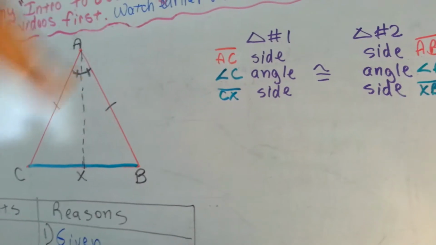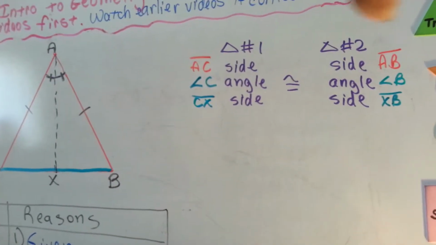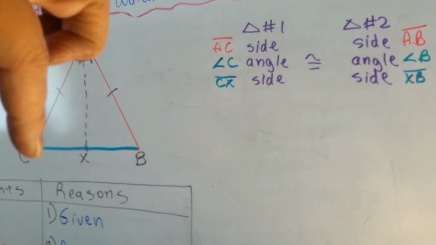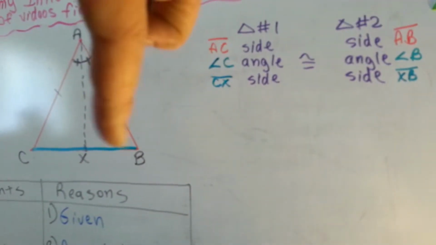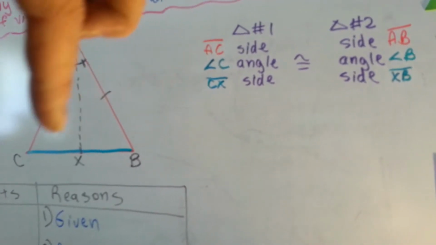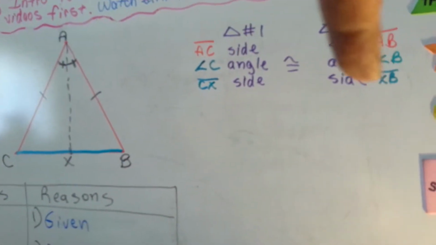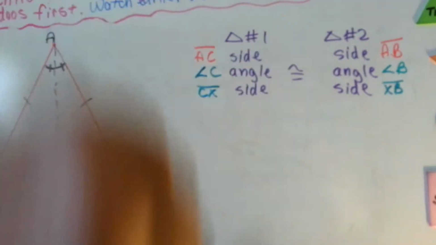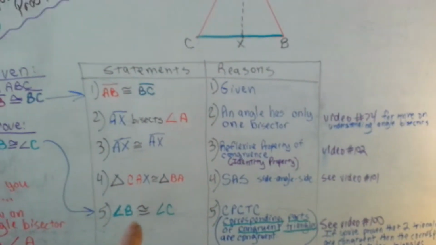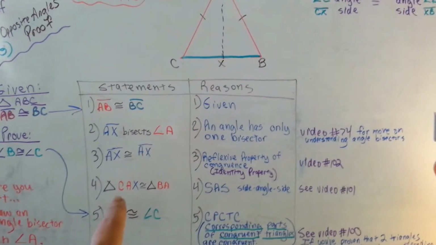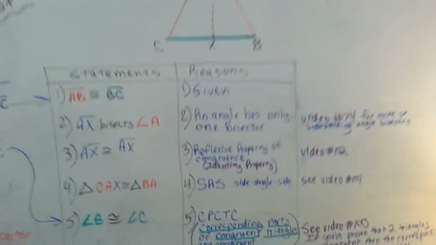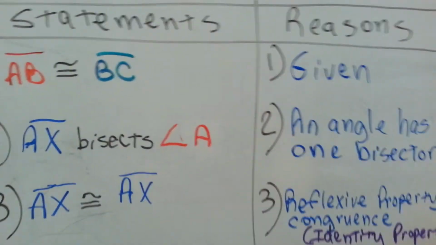Side AC, this one, is congruent to AB, this one. Angle C, this one, is congruent to angle B, this one. And line segment CX, this little guy, is congruent to XB, this little guy. That's what side angle side says. So that's our reasoning for saying that this triangle is congruent to this triangle. And I really should write that X in there so that you guys aren't confused.